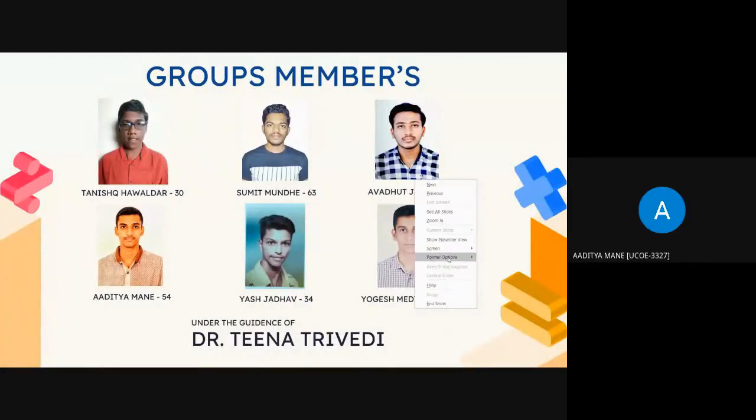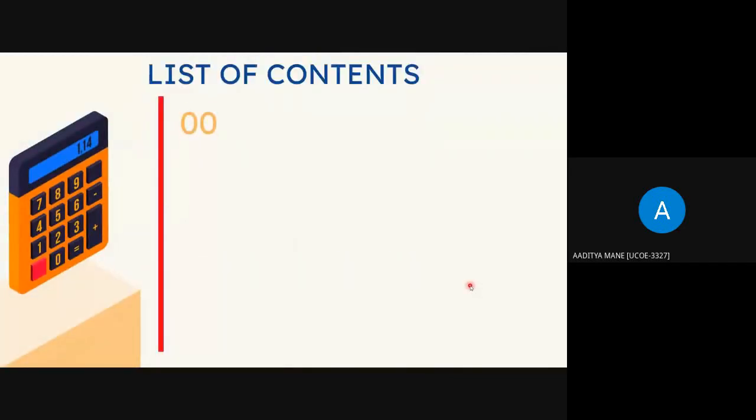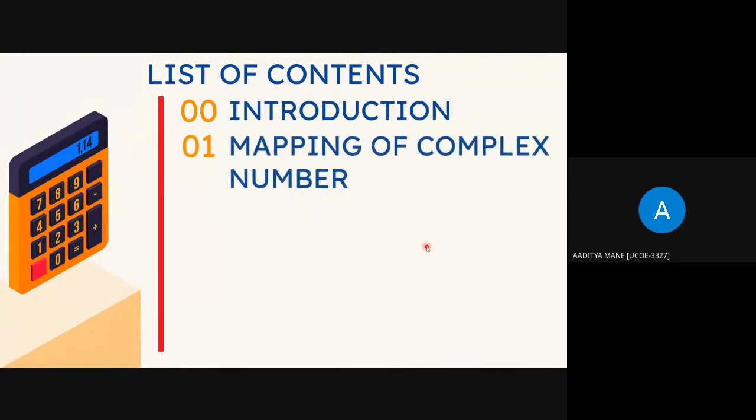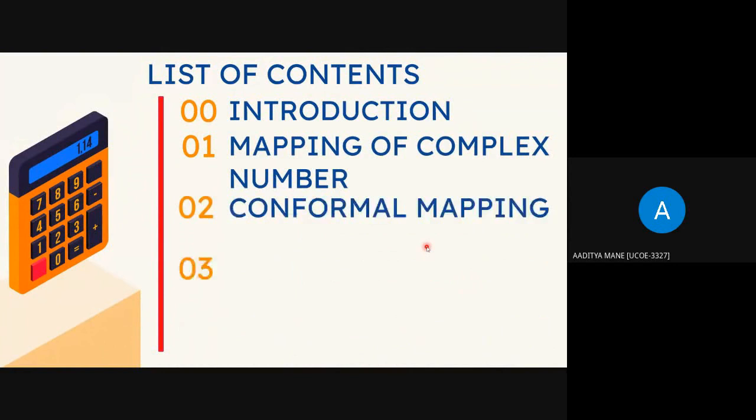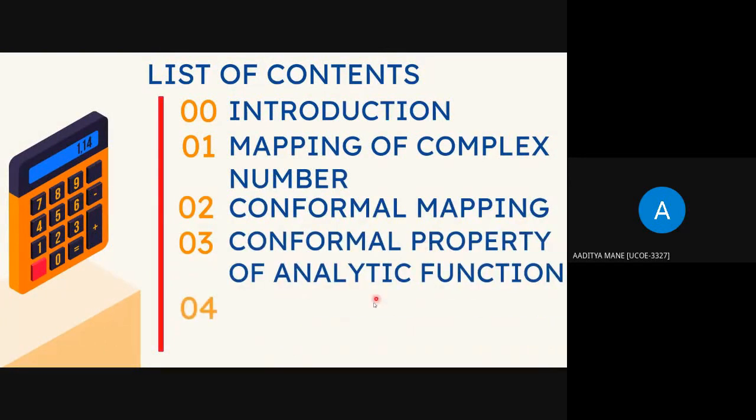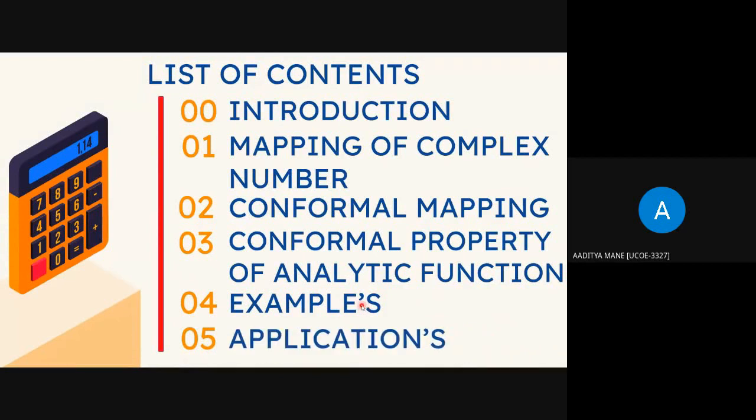Next, as the topic has two words, conformal and mapping, first we have to understand what is meant by mapping. Totally there are four topics: mapping of complex number, conformal mapping, conformal property of analytic function, examples and applications.